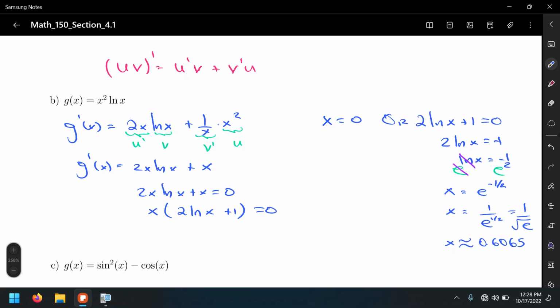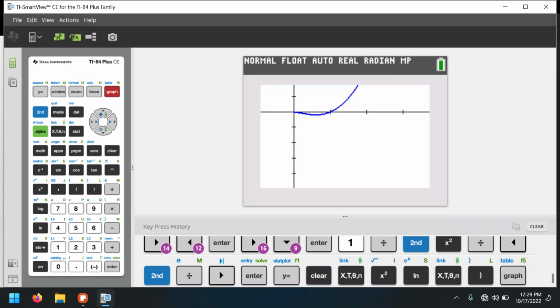So, let's verify this number, 0.606. Is that really a critical number, a value for which the function will potentially have a maximum or a minimum? Well, see the minimum here? Do you see the value of x? It's likely bigger than 0.5, slightly bigger than a half. So that checks the result graphically.